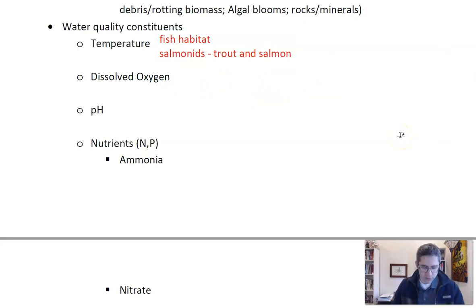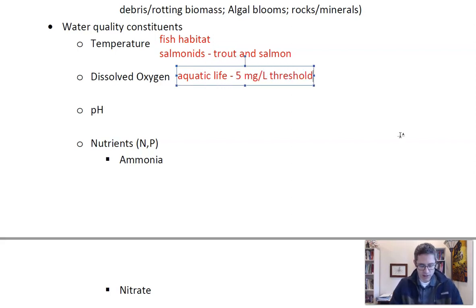Dissolved oxygen, we've talked a lot about dissolved oxygen already in class. We're mostly concerned again about aquatic life here. So we've talked about the 5 milligram per liter threshold being common for most aquatic life, though it'd be ideal to be higher than that.